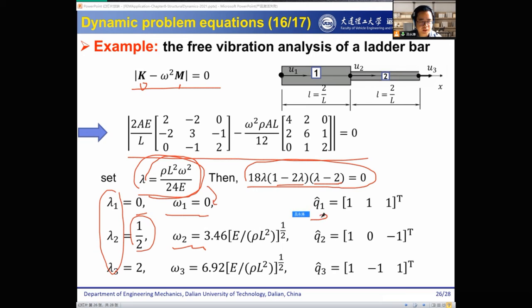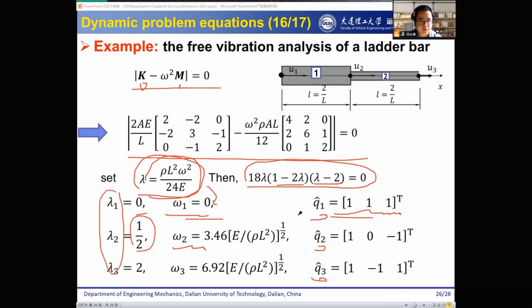Then we can solve Q1, Q2, Q3. This is the vibration mode, and this is the frequency. This is what we want and what we need, and those are important properties, or we should say the physical properties of the structure.